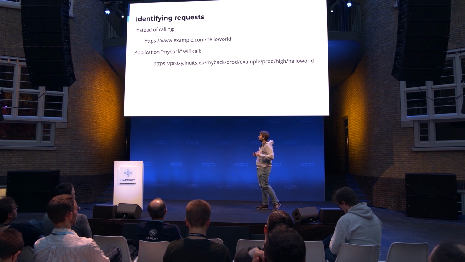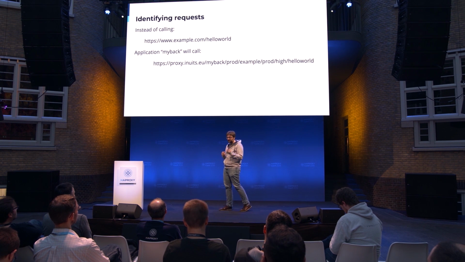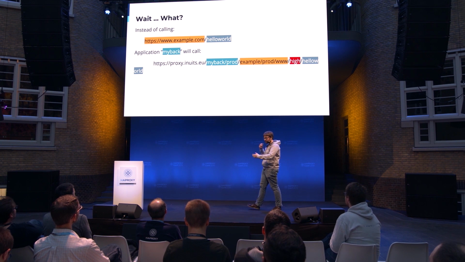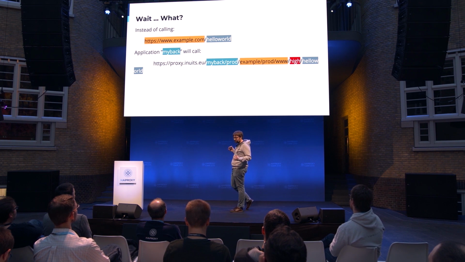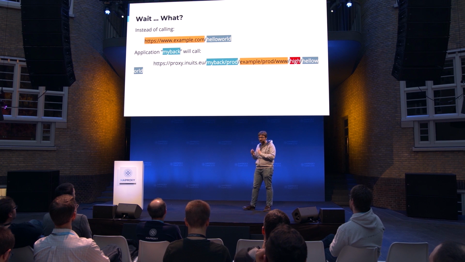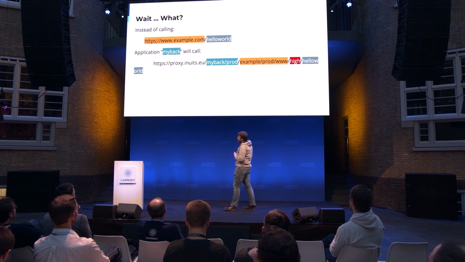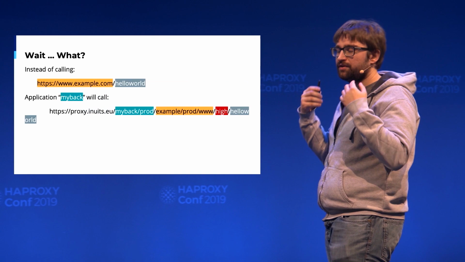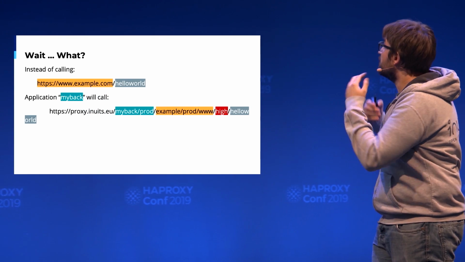So if we look at that URL more deeply, what do we find? My application, my back, will call a long URL, but we can actually split that URL in multiple parts. If we look a bit further, we'll see that the new URL is proxy.news.eu/ then the name of the application, then the name of the partner, then a bunch of other stuff.